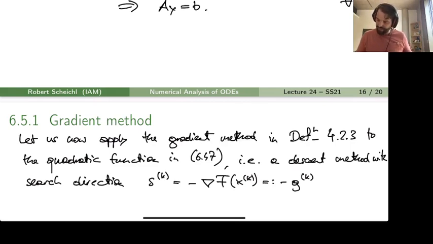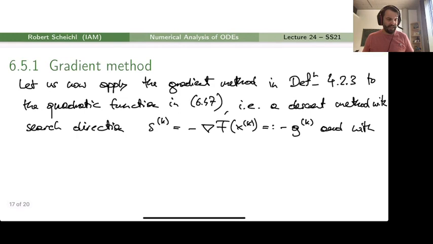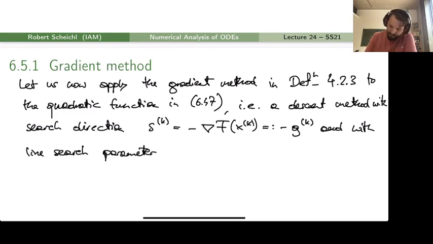And the other ingredient in our gradient method, in our steepest descent method, was a line search. And in particular, we can now explicitly solve this line search. We don't need to do step size control. We can explicitly solve the line search, and that's what I'm going to do in the next bit. So that's the theoretical definition in definition 4.23.